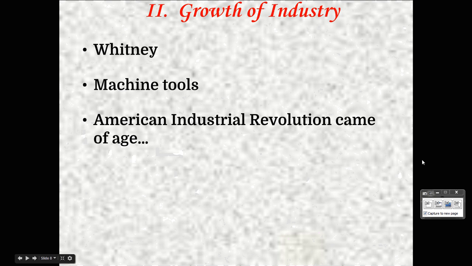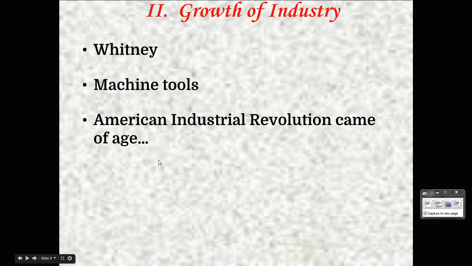And this is the time period when we see machines starting to produce things like guns, things like keys, things like sewing machines, all of which become very highly prized American products.